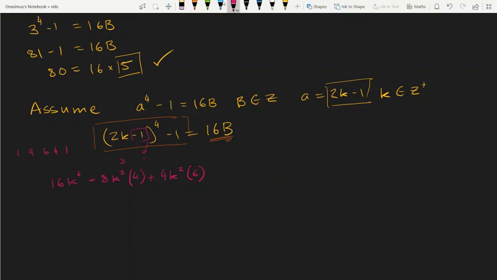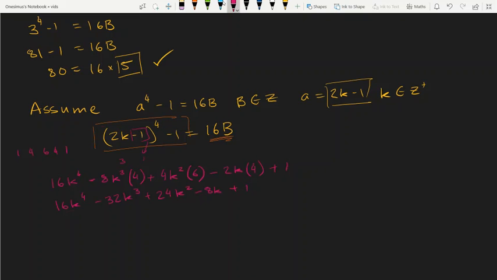Then we have minus, again, because we have an odd number of negatives, so we get a 2k, just one of our first term, multiplied by 4. And then finally, we add on our minus 1 cubed, which is minus 1, which simplifies down to 16k to the 4th minus 32k cubed plus 24k squared minus 8k plus 1.